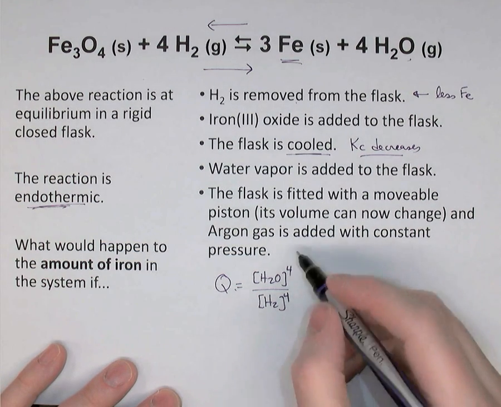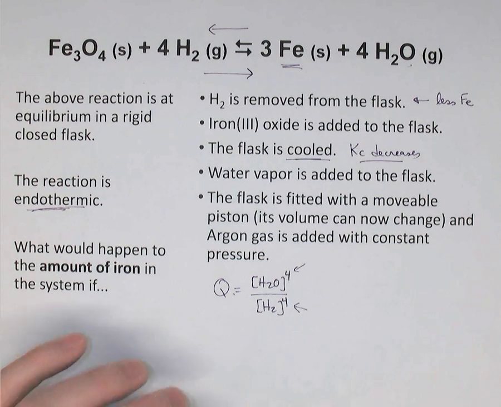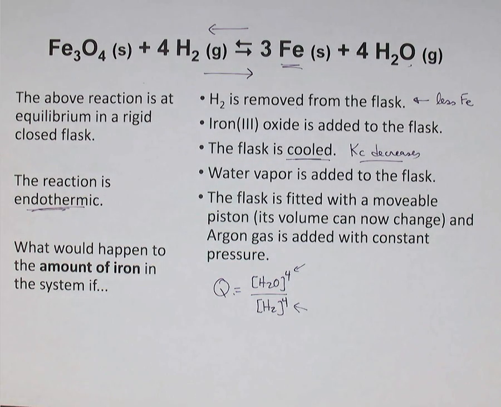Now, looking at Q, it is fourth order in the numerator and fourth order in the denominator. So in this situation, Q would be unaffected because the numerator and denominator would both decrease equally. So the ratio for Q would stay the same. Therefore, Q stays equal to Kc, there's no shift.